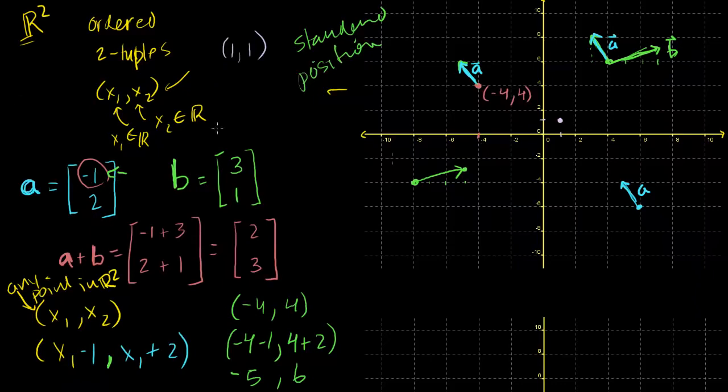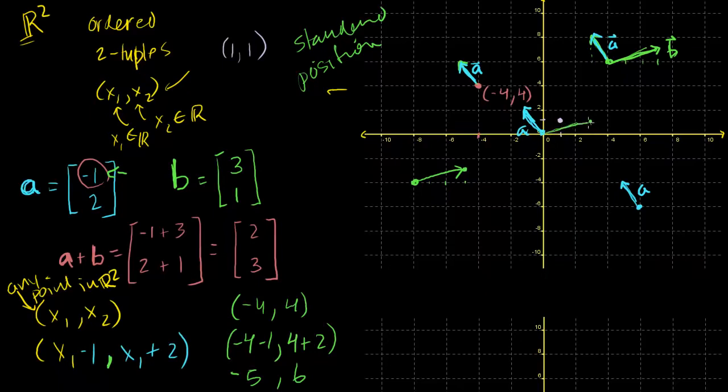So vector A in standard position, I would start at 0, 0 like that, and I would go back 1 and then up 2. So this is vector A in standard position right there. That's A. And then vector B in standard position is 3 to the right, and then up 1.